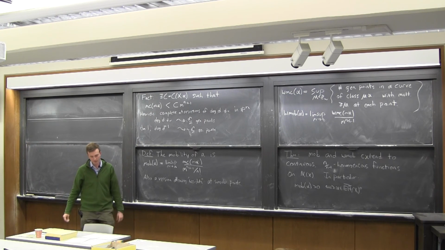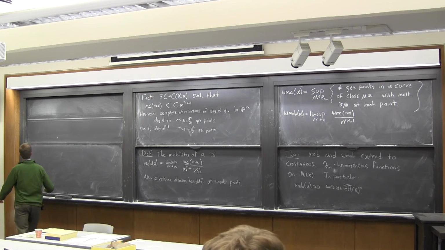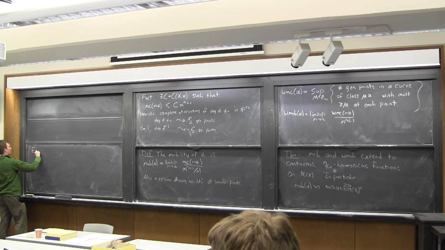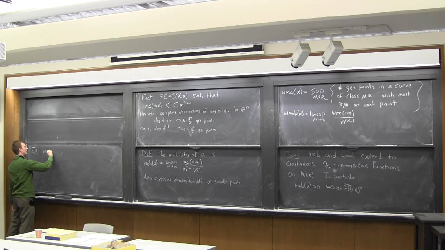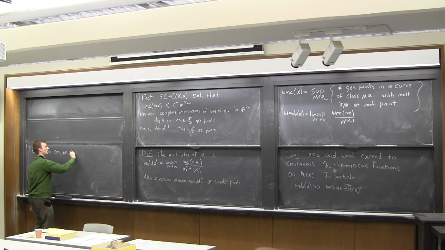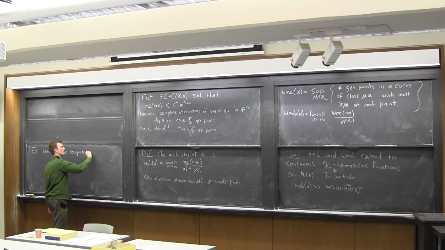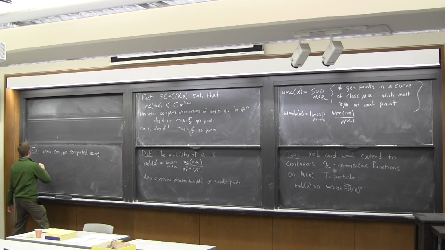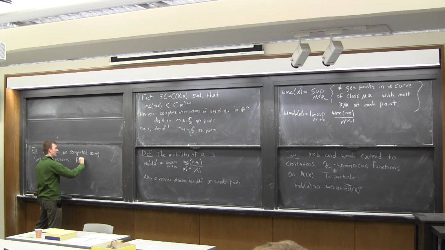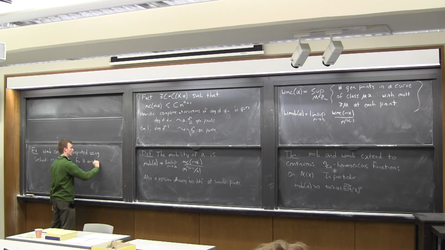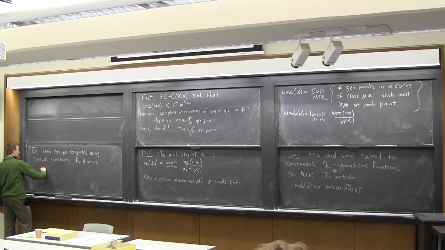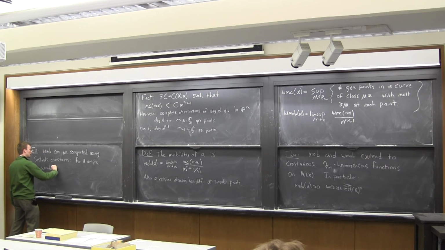Let's look at a couple examples. The weighted mobility can be computed using Seshadri constants. For example, for H an ample divisor, it turns out that the weighted mobility of H to the n minus 1 is just H to the n.